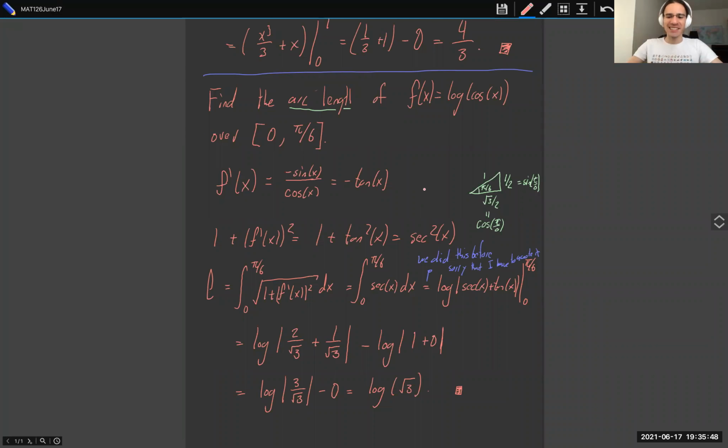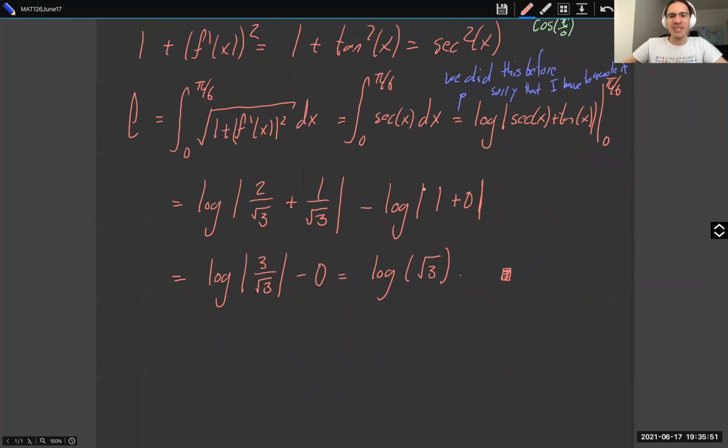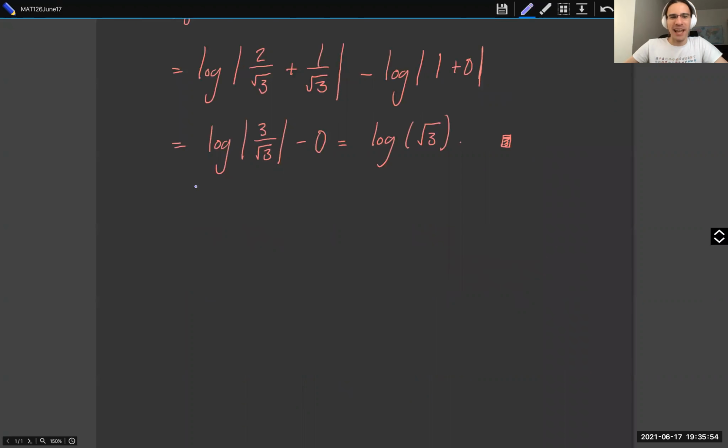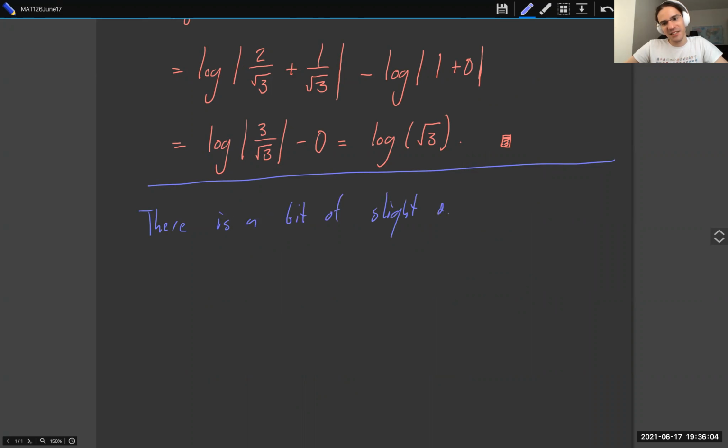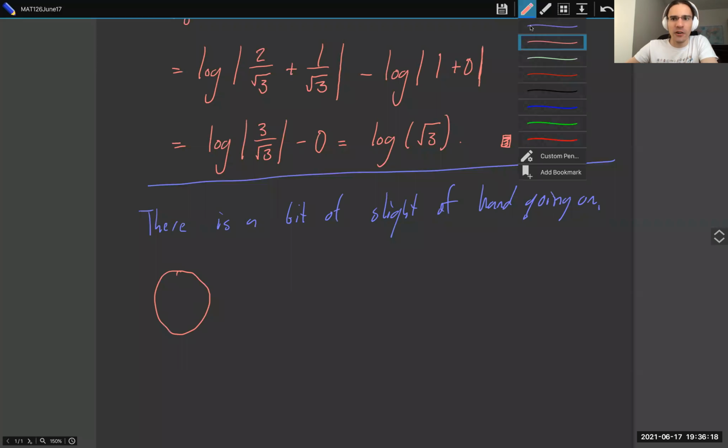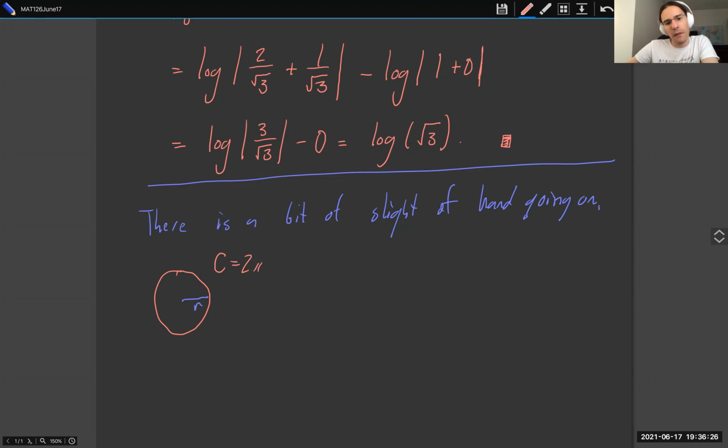Okay, now here is where I reveal there is a bit of sleight of hand going on. And so let's say I have a circle of radius r. Then I get that the circumference of the circle is equal to 2 pi r.